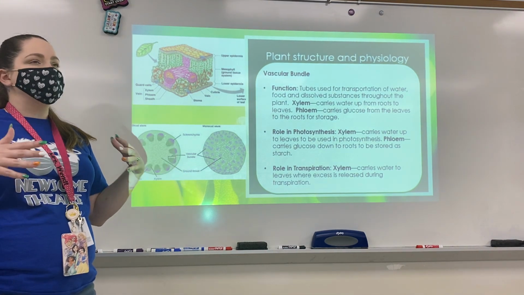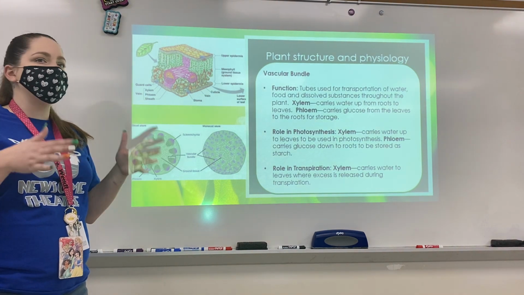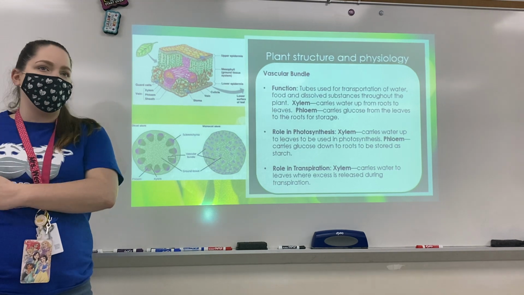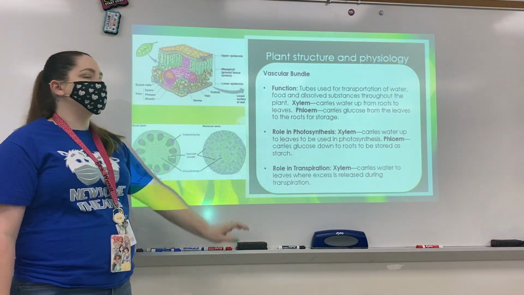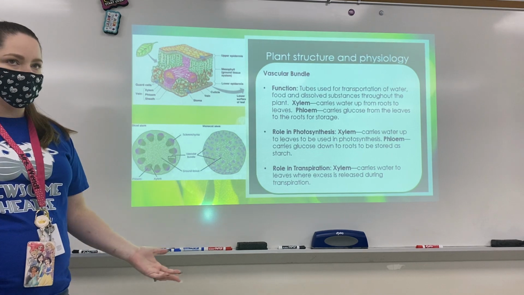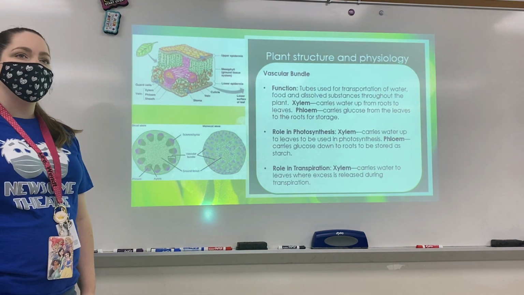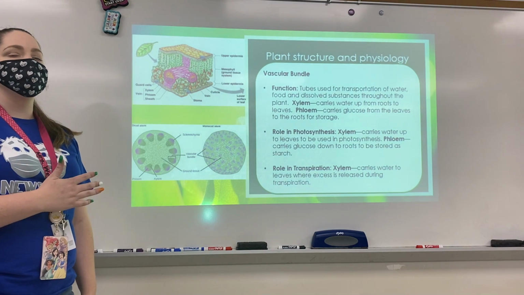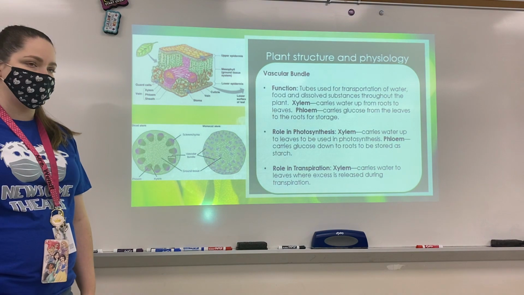So you're not technically cooling yourself off. It is just the heat energy in your body leaving your body through water, through sweat. So you can think of transpiration as just a plant sweating. Okay? So it's just a way for water to be evaporated and heat to be released during that evaporation.